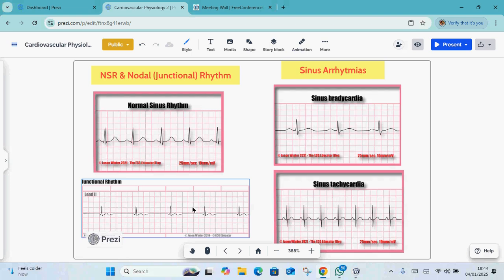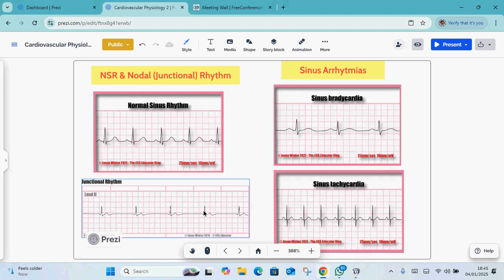We have 1, 2, 3, 4, 5, 6 big boxes. Each of them has 5 small boxes, meaning 5 millimeters. So what is the distance in millimeters in this RR interval? There are 6 large boxes and each has 5, so 30 millimeters.